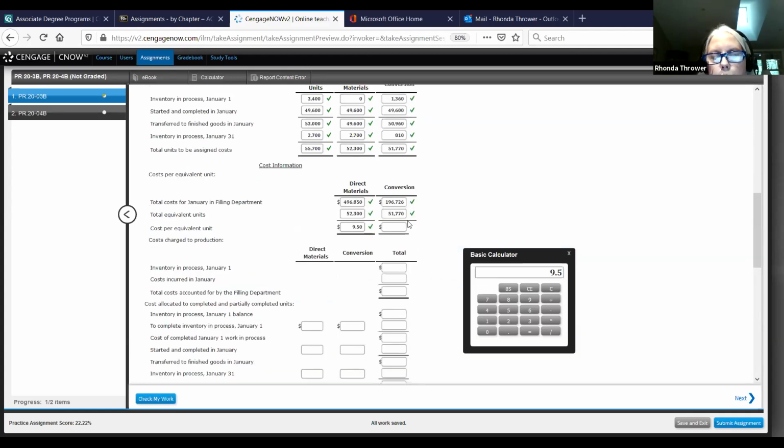To find your equivalent units for conversion cost, I'm going to take my total conversion cost for the month, which was $196,726. And I'm going to divide that by 51,770.